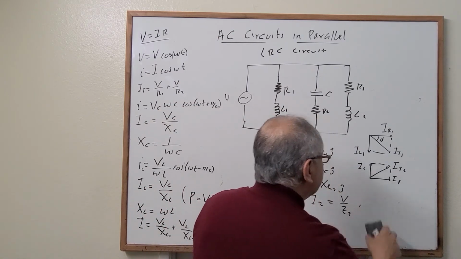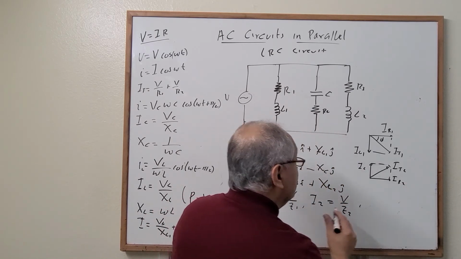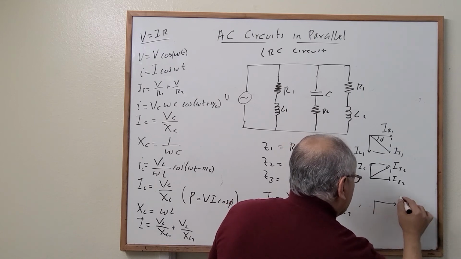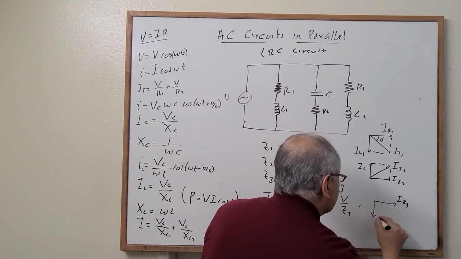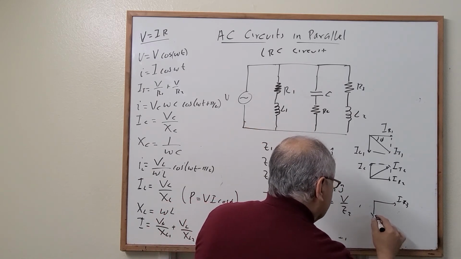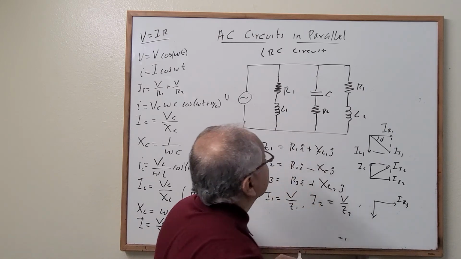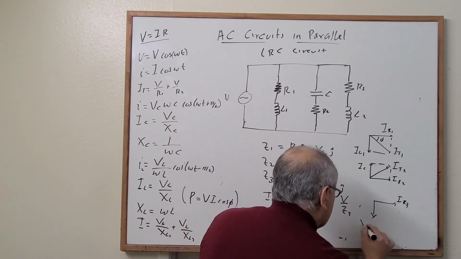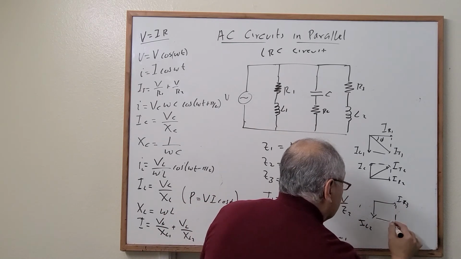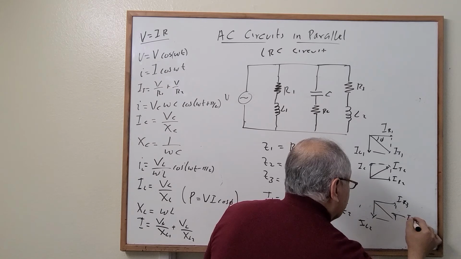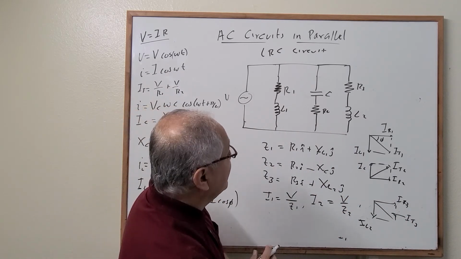For the next one, we have current through resistor 3, and it's going to be a current through the inductor 2. This is inductor 2. Current through the inductor 2. And what should be the total? That's for case 3.